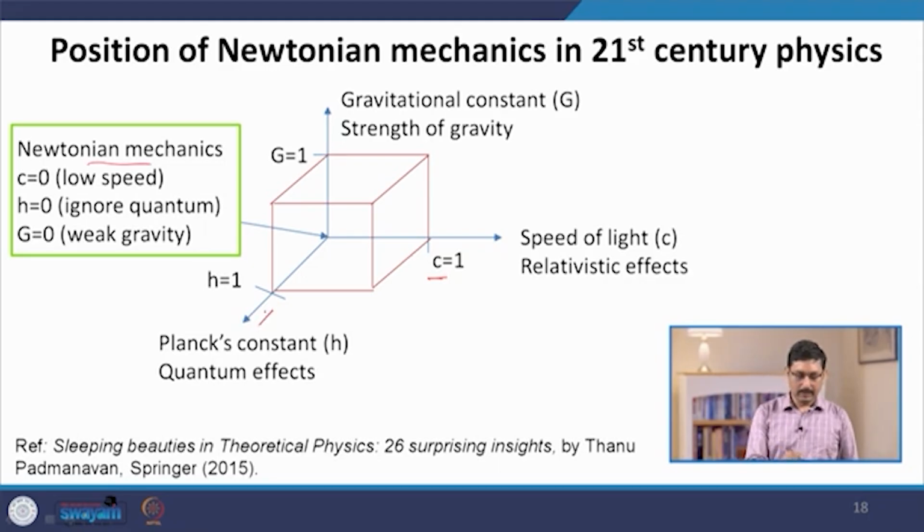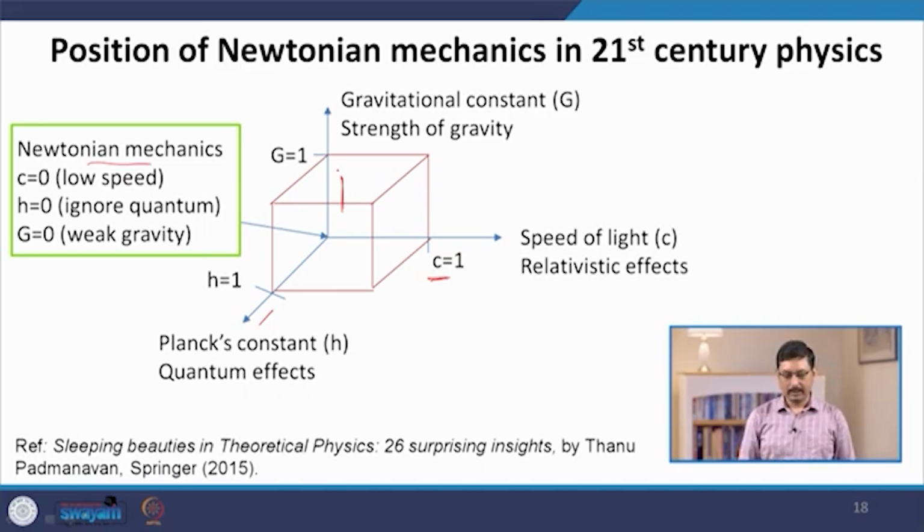This axis represents Planck's constant h, and along this axis I have shown the gravitational constant capital G, not the small g, capital G. So, the c axis represents the relativistic effect. The h axis represents the quantum effect, and the capital G axis represents the strength of gravity.